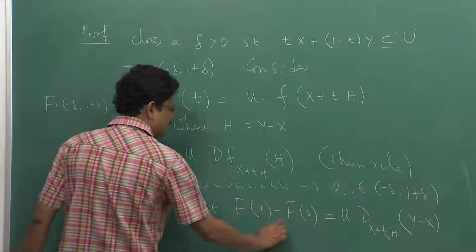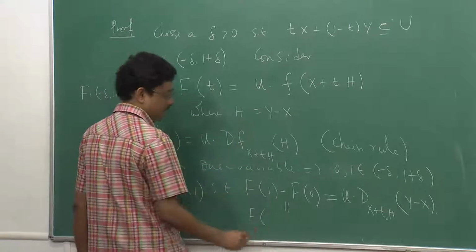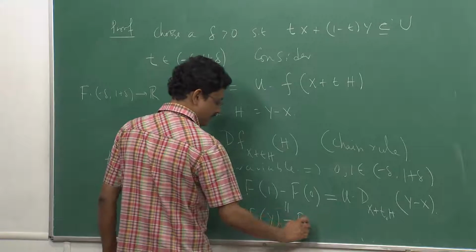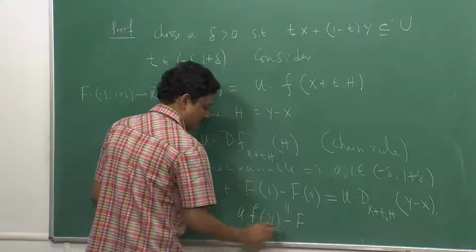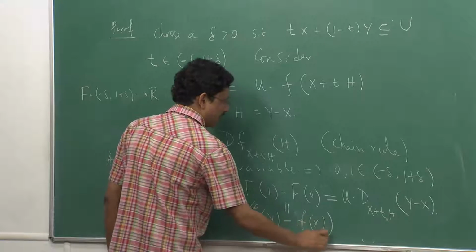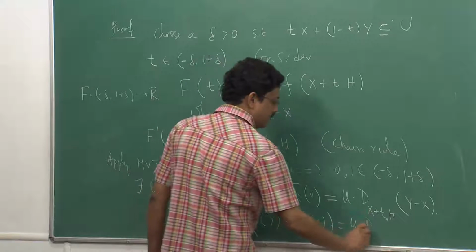What is f 1 minus f 0? F 1 is f of y, f 0 is f of x.